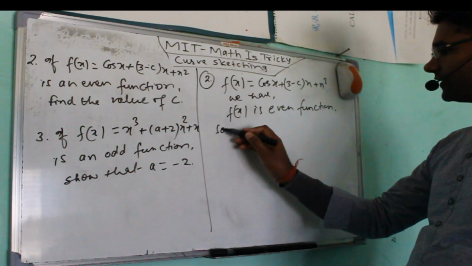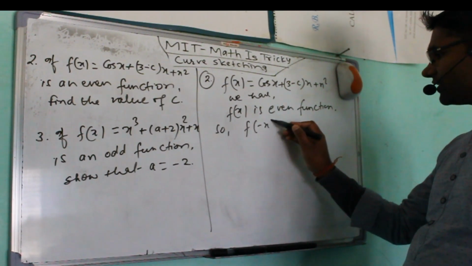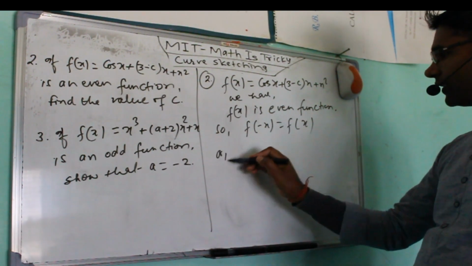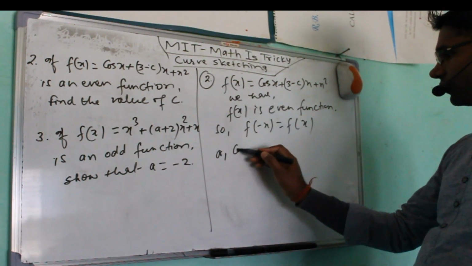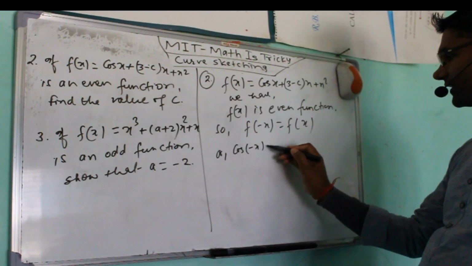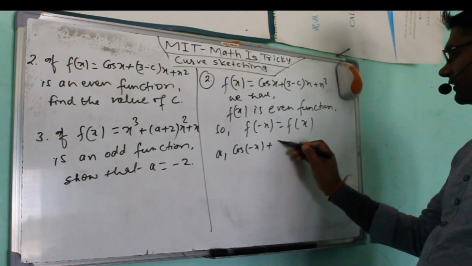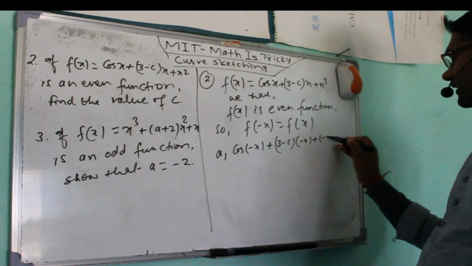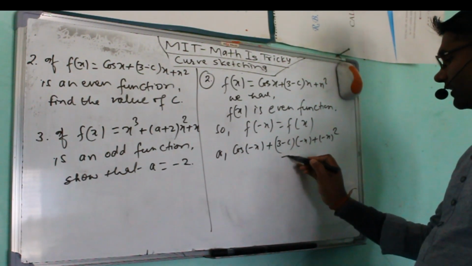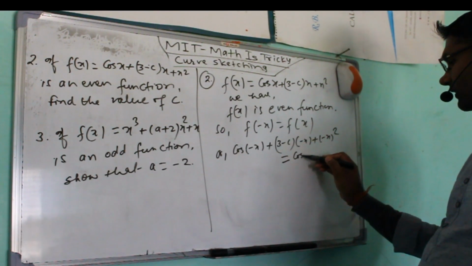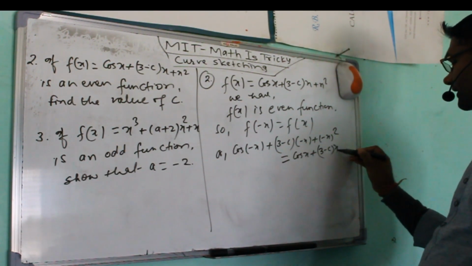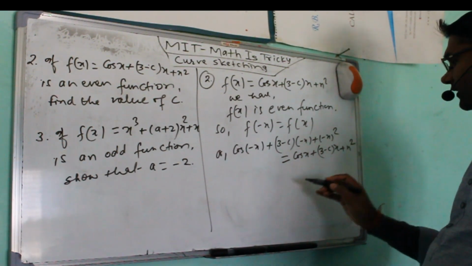So we can write f(−x) equals f(x) by definition. f(−x) will be simply cos(−x) + (3 − c)(−x) + (−x)² equals cos x + (3 − c)x + x², isn't it?